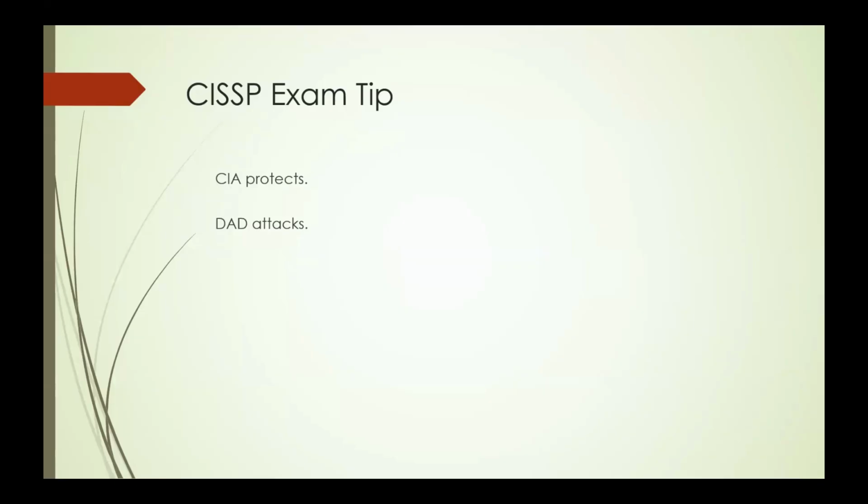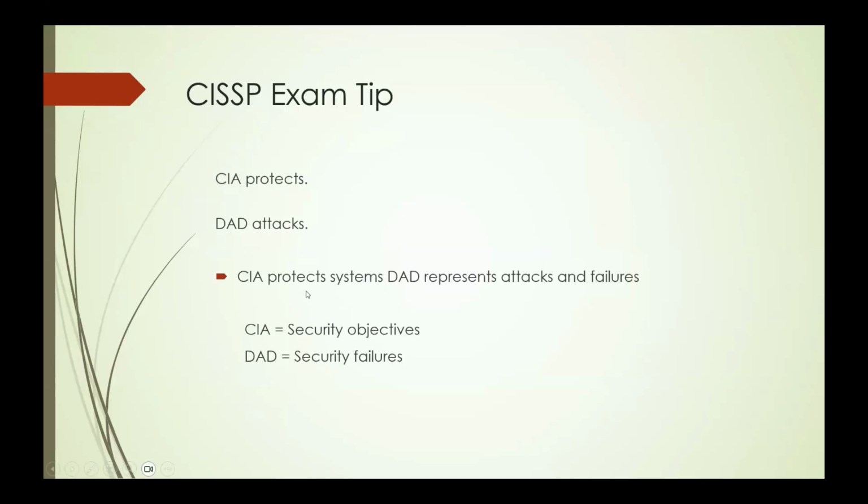So whenever you see confidentiality breaches, data tampering, or service outages in scenario-based questions, think always about this DAD triad. CIA protects systems, whereas DAD represents attacks and failures. So CIA is considered as security objectives, and you can consider DAD as security failures.